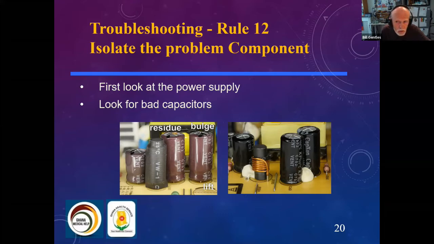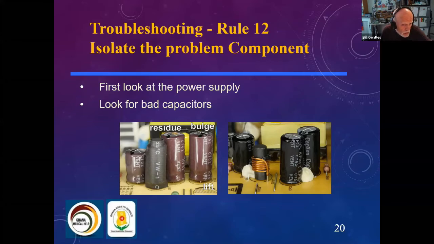The first place to look for failed components is the power supply. The power supply in an electronic device is usually the most common point of failure. Components in the power supply that are vulnerable to failure. The most common is the electrolytic capacitor that's used to smooth out the rectified voltage.